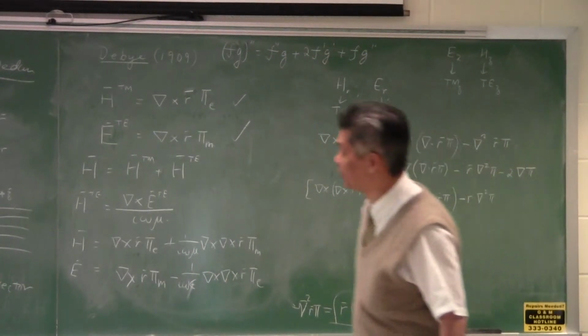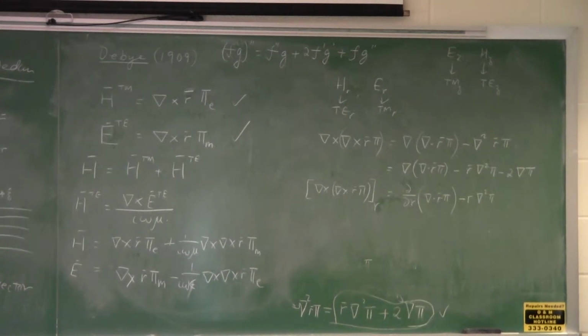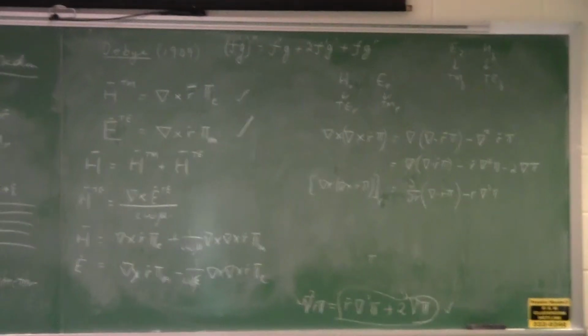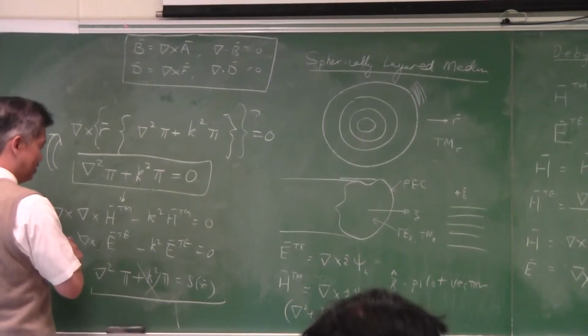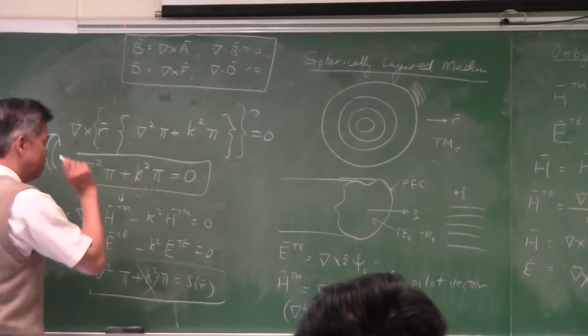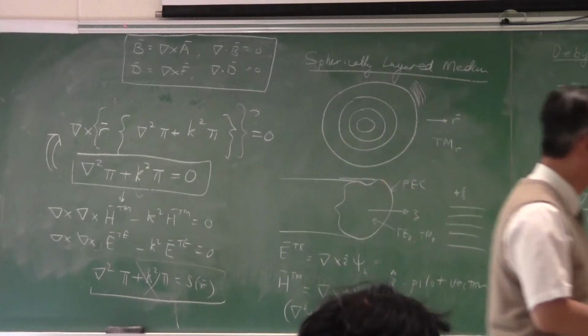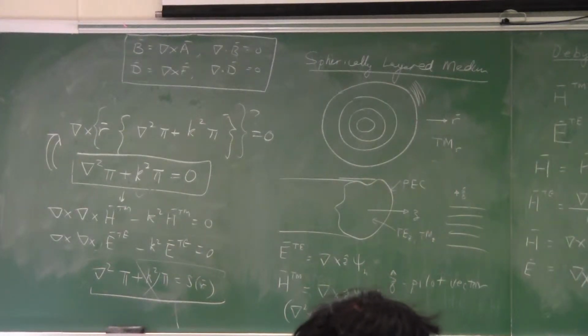For Laplacian of pi, if I were to solve this problem using the divide potential approach, not this equation, let's cross out this equation so that I will not point to it wrongly. This is just plus r k squared pi.